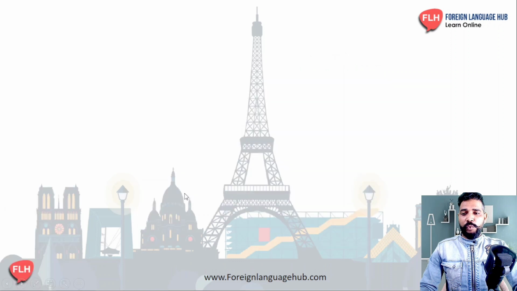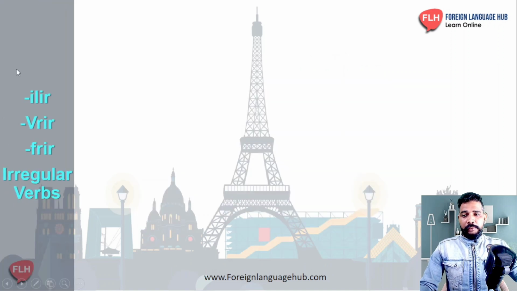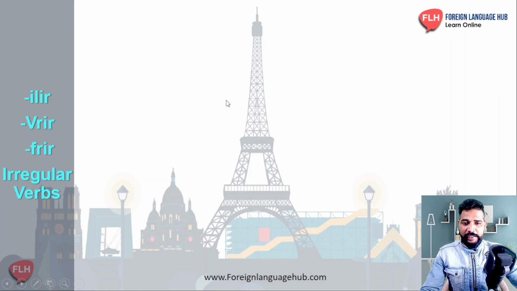Now the next one has these endings: LIR, VRIR and FRIR. You need to remember these endings for IR ending verbs. Here it is going to be simple. Basically all these endings will be conjugated as you conjugate ER ending verbs. You remember e, es, e, ons, ez and ent, right? It's going to be the same.